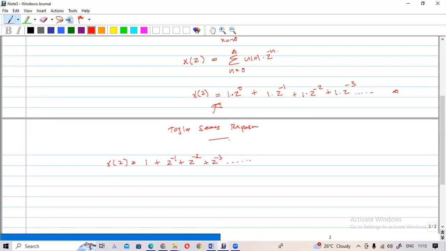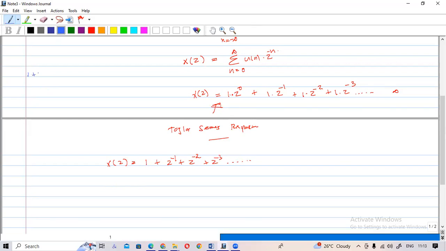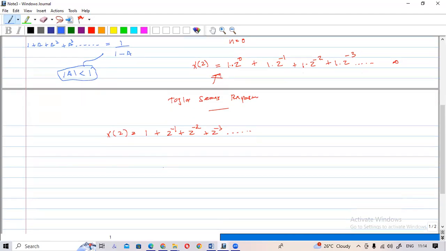You are given that 1 plus a plus a squared plus a to the power 3, up to infinity, is 1 over 1 minus a. To satisfy this solution, the magnitude of a should be less than 1, okay.